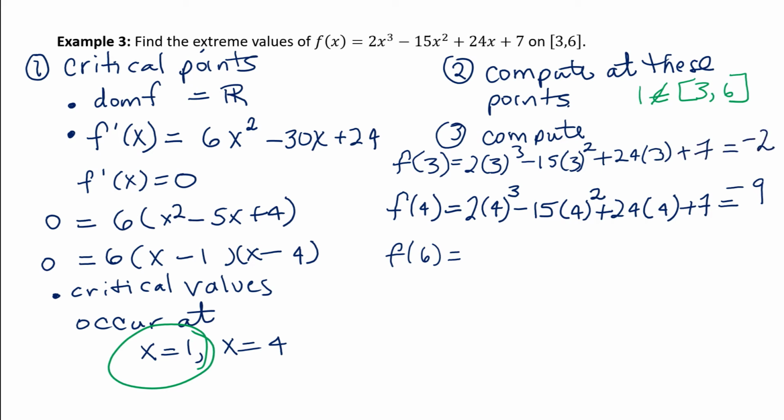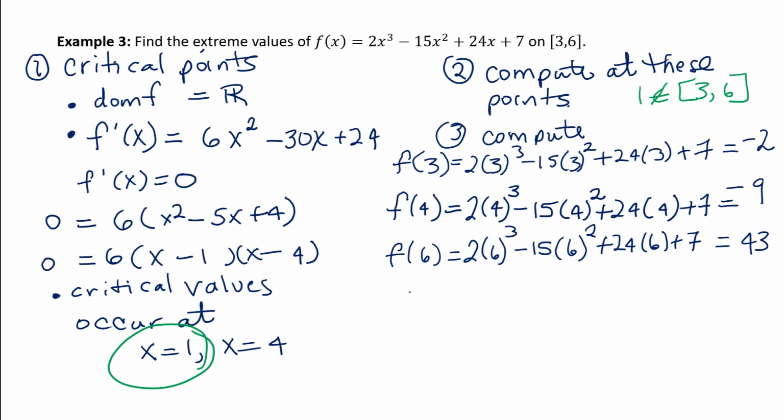That equals negative 2. Let's do this again for f at 6. 2 times 6 cubed minus 15 times 6 squared plus 24 times 6 plus 7 is equal to 43.